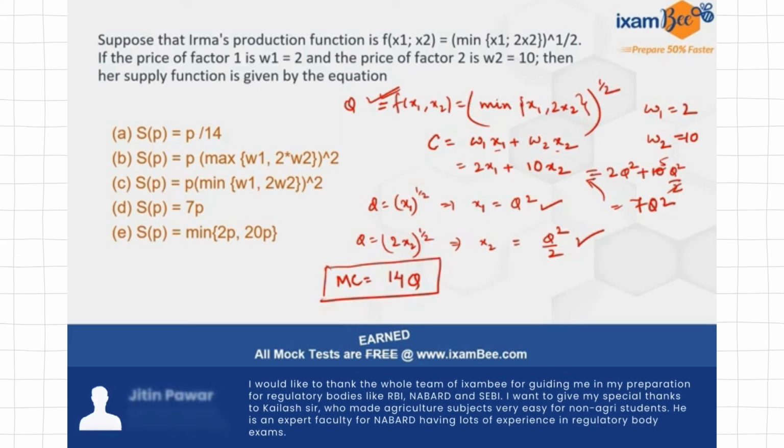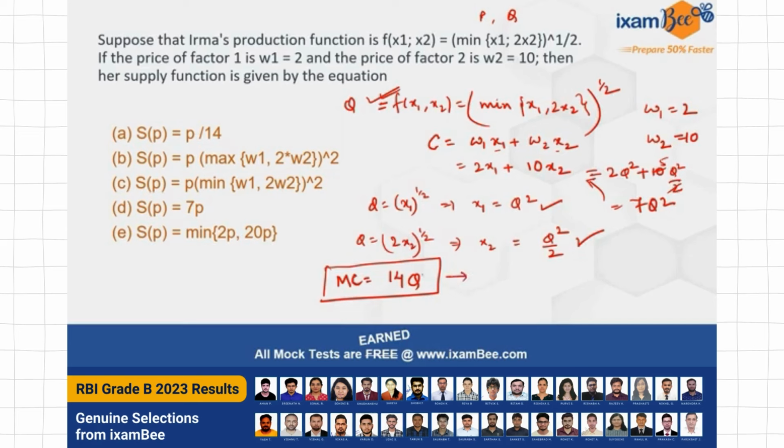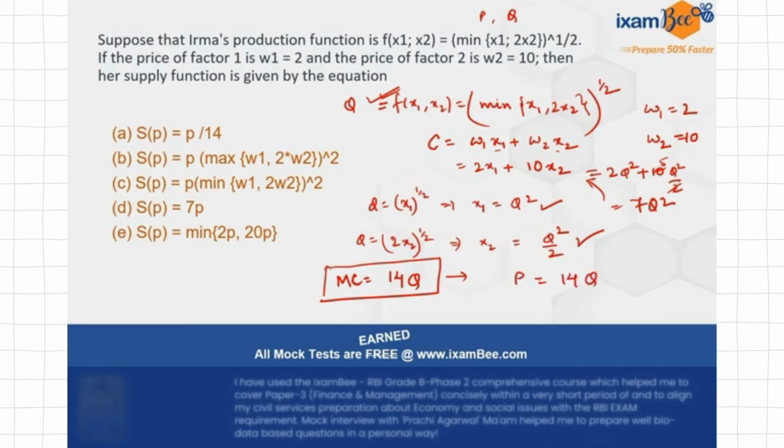Now notice that the supply function is in terms of price and quantity, right? So basically instead of marginal cost you have price. If I have to write this in terms of supply, price and quantity, I can write P equal to 14Q, right?